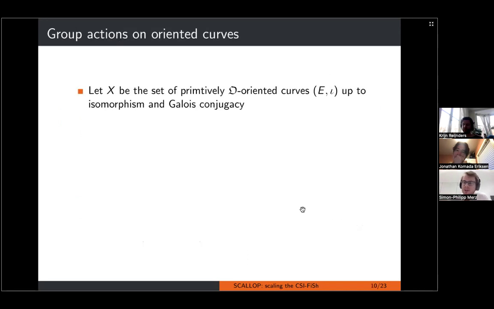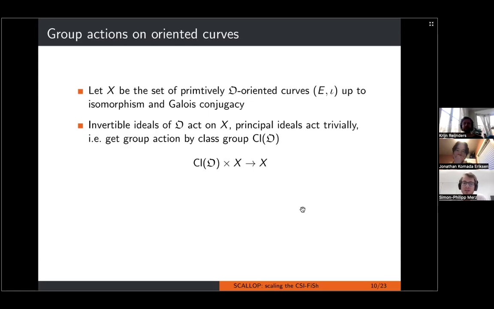Now, why do I talk about oriented curves? What do they have to do with group actions? Well, if you have a set of these primitively O-oriented curves up to isomorphism and Galois conjugacy, then it is well known that invertible ideals of O are acting on the set of O-oriented curves, whereby the principal ideals act trivially.